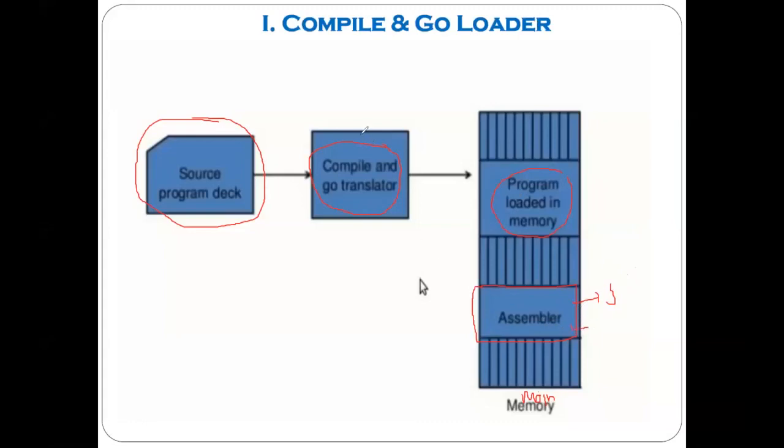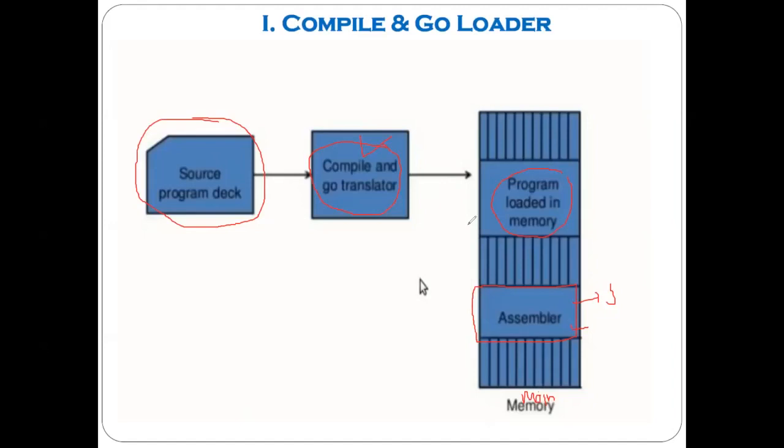Here I have written compile and go translator. Anywhere I have not mentioned anything about the loader. Can you see the word loader anywhere in this figure? No. Because here our assembler itself is acting as a loader.